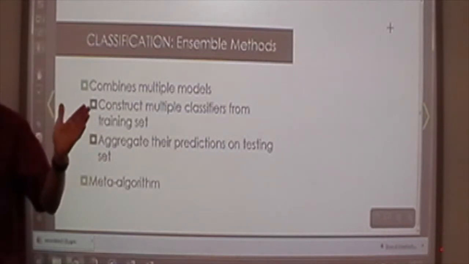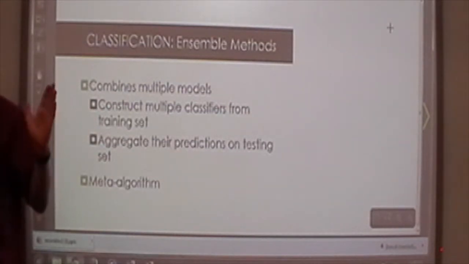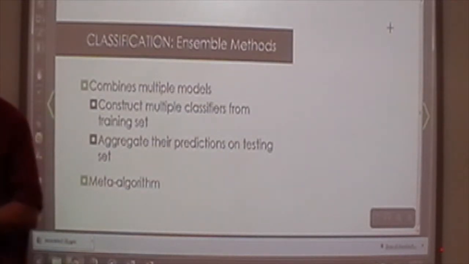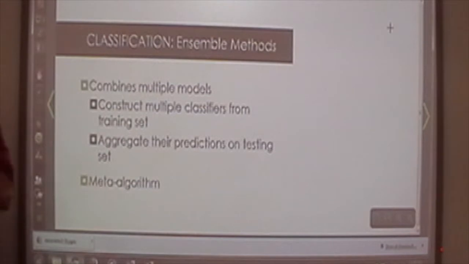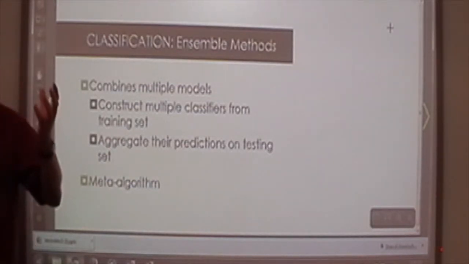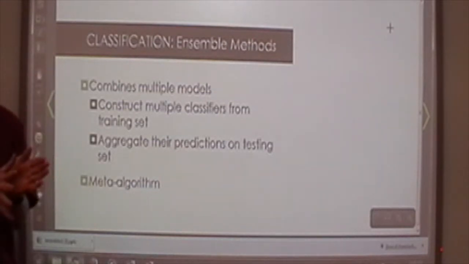Sometimes we have classifiers that by themselves are okay, but still somewhat weak. So ensemble methods are a large class of methods that will take other methods and combine them.